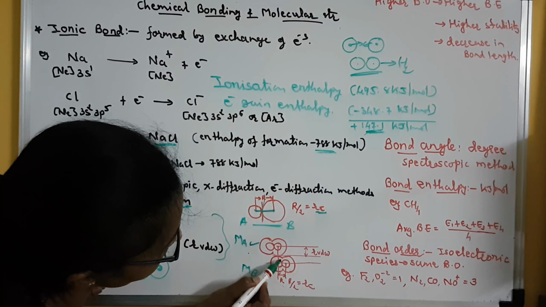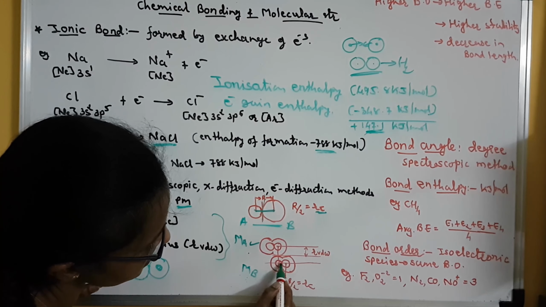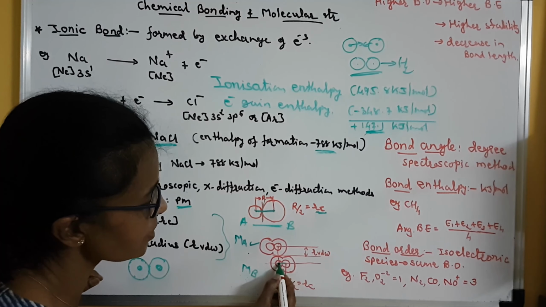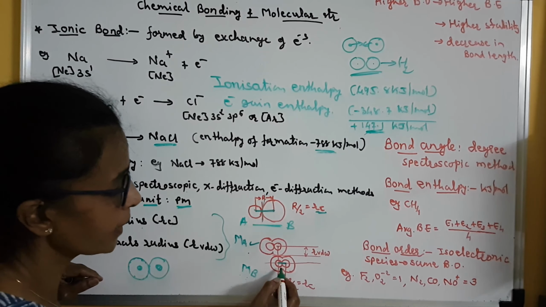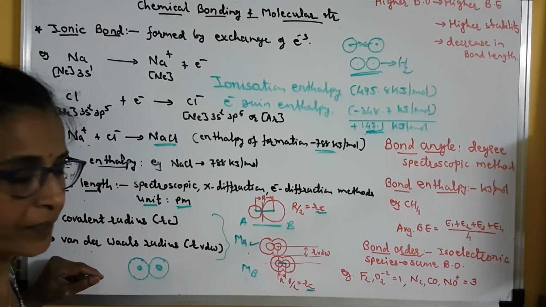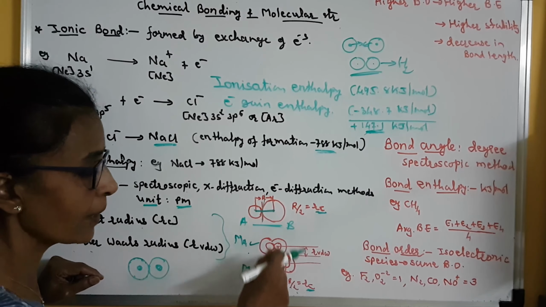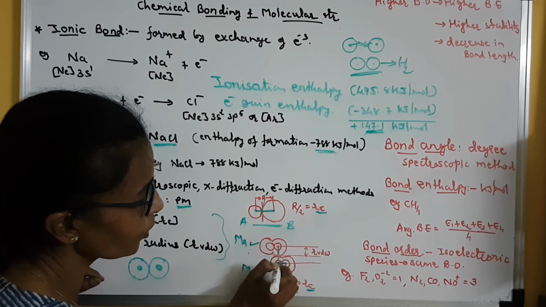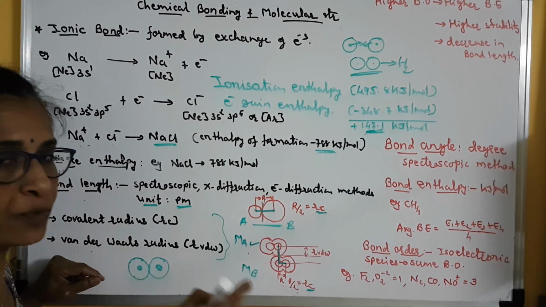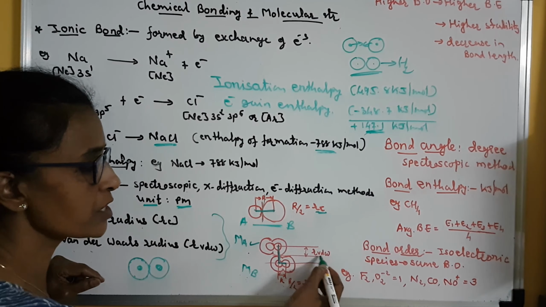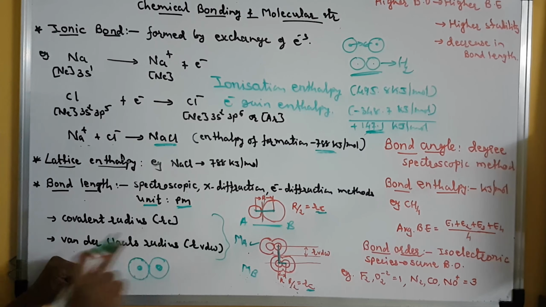Now here you can see, if we take one single molecule, then this distance is the bond length, and half of this is called the covalent radius. Clear? This is the bond length and half of this is the covalent radius. This is a single molecule. But when we have two molecules, then in different molecules, the distance between the bonded nuclei, clear, and half of that distance is called the van der Waals radius.